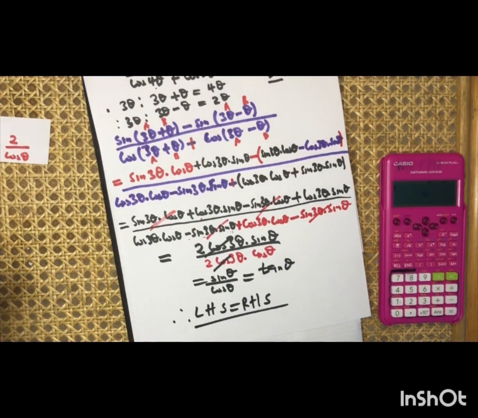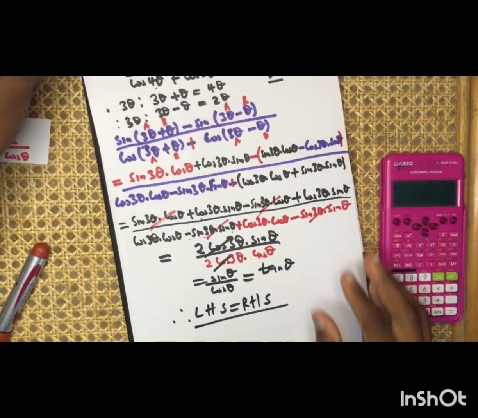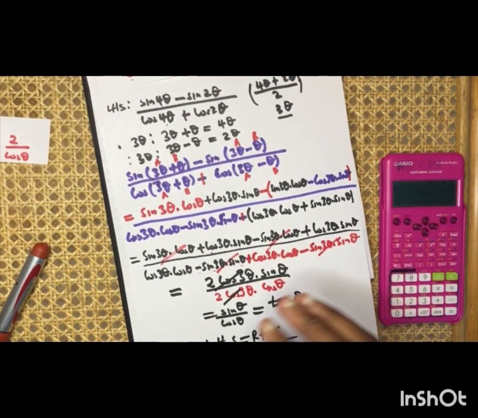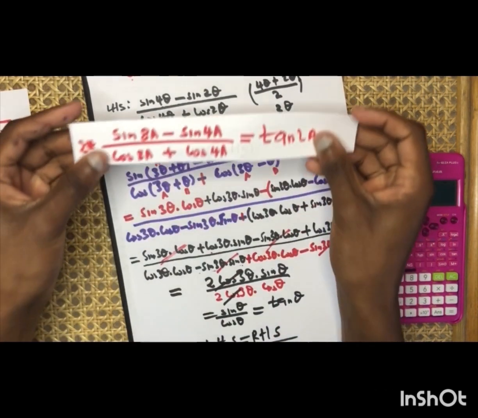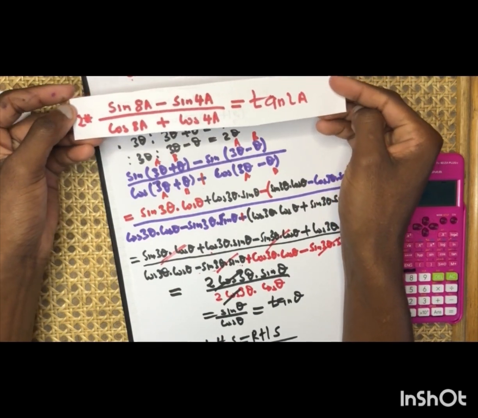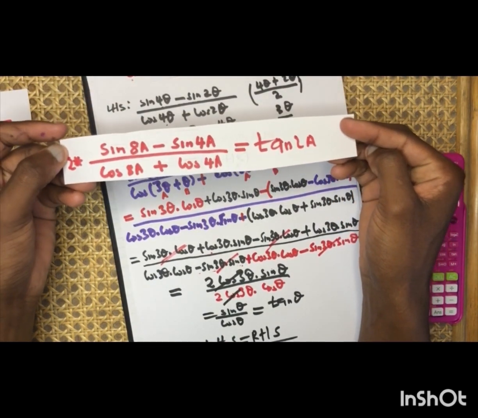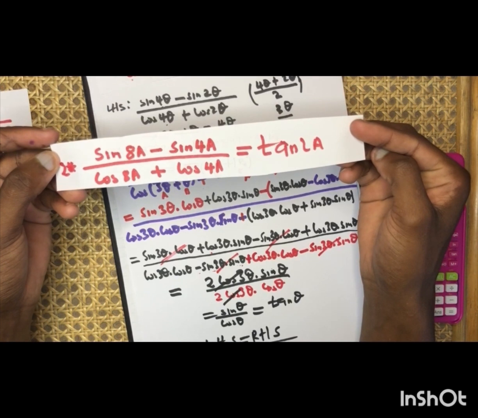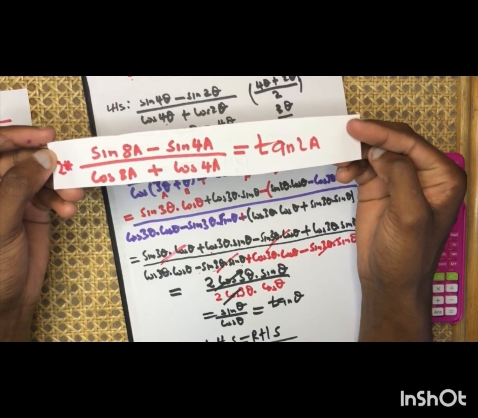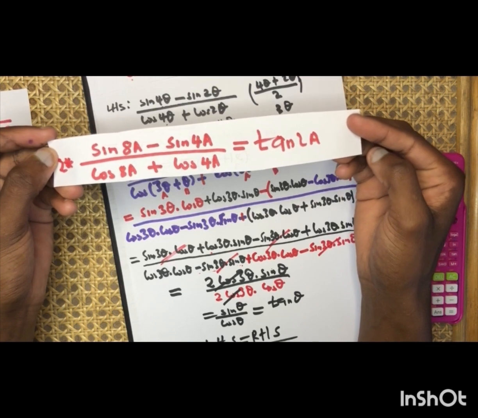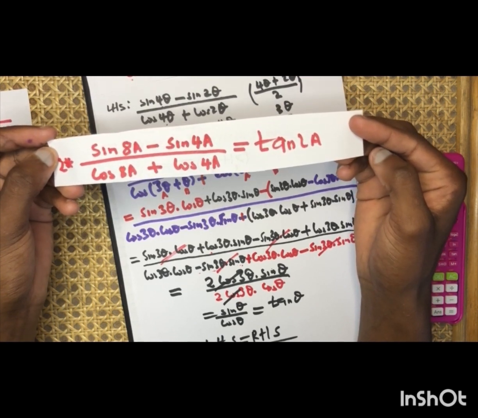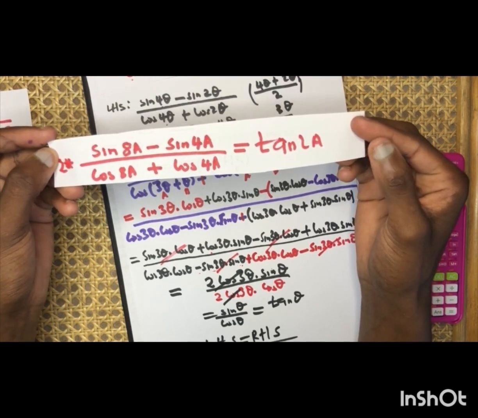Are we together? If you are happy, then I'm happy. So guys, can you see this one? Try to attempt this one, same approach. We are given sine 8a minus sine 4a all over cos 8a plus cos 4a equals tan 2a.